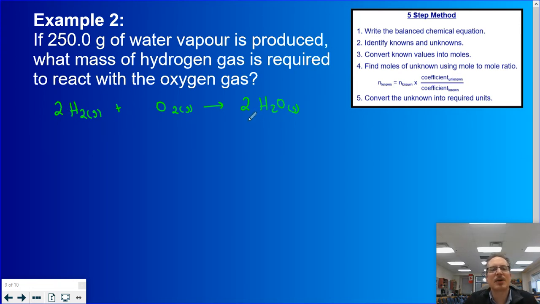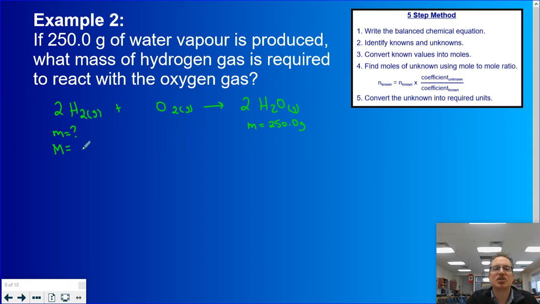It tells me in the question this time, I have a mass of water of 250.0 grams. I'm trying to find what mass of hydrogen I would need in order to make 250 grams of water. Now, again, this is gravimetric stoich because this is pertaining to mass calculations. Therefore, we know when we have masses, we need molar masses.